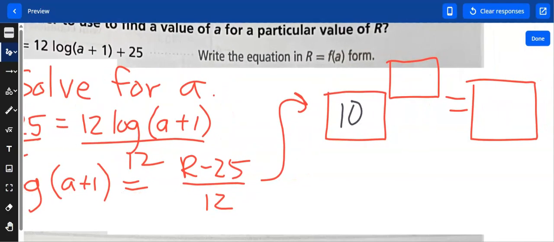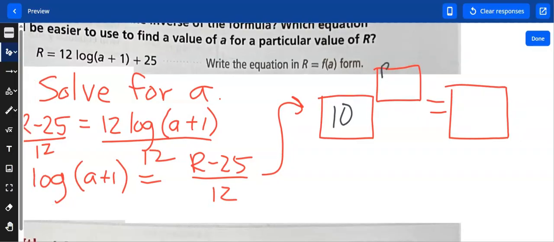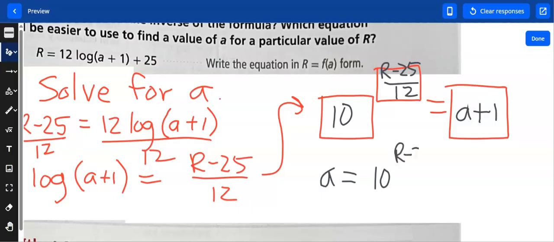R minus 25 over 12 equals A plus 1. So, what's A? 10 to the... Yep.